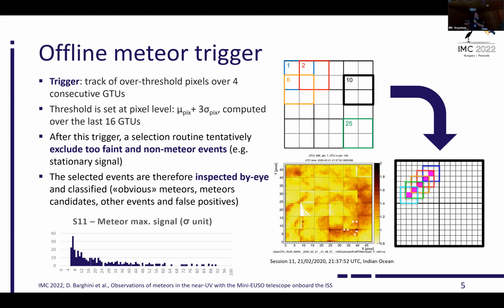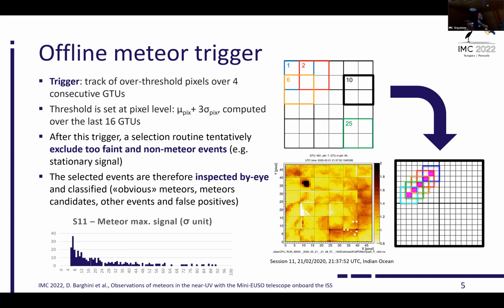This is an example of a very bright event, I think the brightest event that we detected with Mini-EUSO. The trigger is operating on a pixel level. This image is a reconstruction of the event, but actually the raw data suffer from differences in efficiency between all the pixels, so there is heavy manipulation of the data to come to this nice picture.